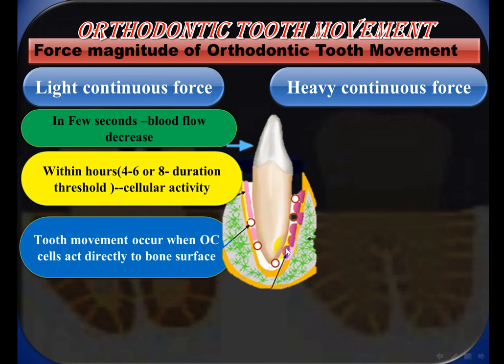So this is the PD ligament, the white color, and there will be differentiation of osteoclast cells in the compressed side. The osteoclast cells start to attack the outer surface of the lamina dura, or the bone surface directly facing the PD ligament space of the compressed side.